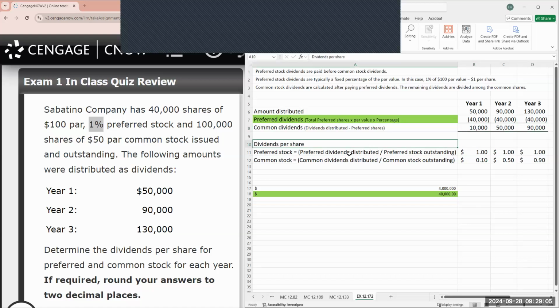In order to determine the dividends per share, it is the dividends distributed divided by the stock outstanding. So in the first example for year 1, we paid $40,000 to our preferred shareholders. There's 40,000 shares outstanding, so 40,000 divided by 40,000 is $1 per share. And for our common shareholders, 10,000 divided by the 100,000 shares outstanding was 10 cents per share.